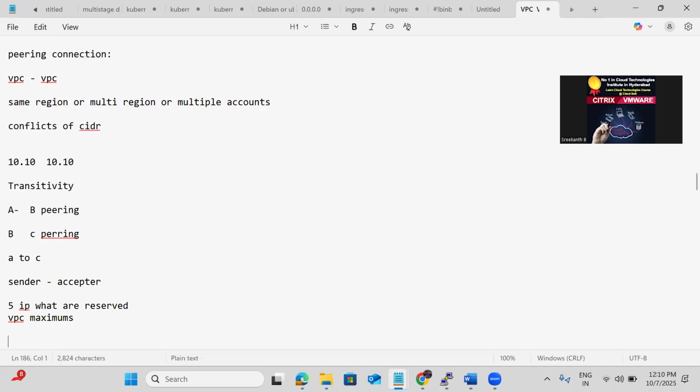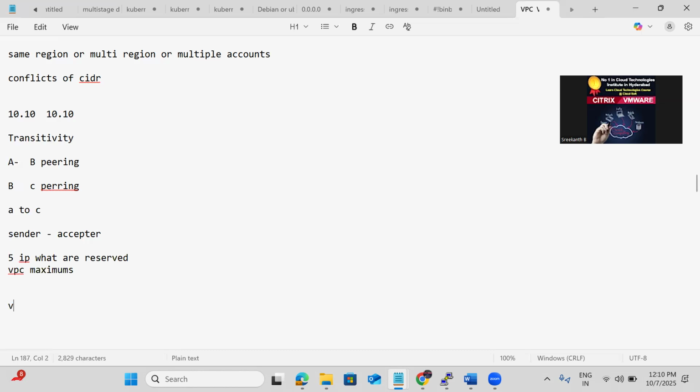There is one concept called VPC flow logs, at the NACL level or at the instance level, where we can configure flow logs. If someone tried to access the NACL or our resource, we can log it and monitor it from CloudWatch. For that we need to enable VPC flow logs.